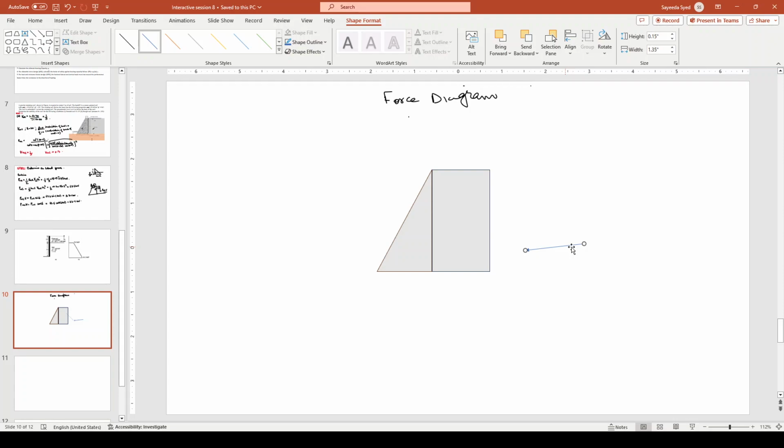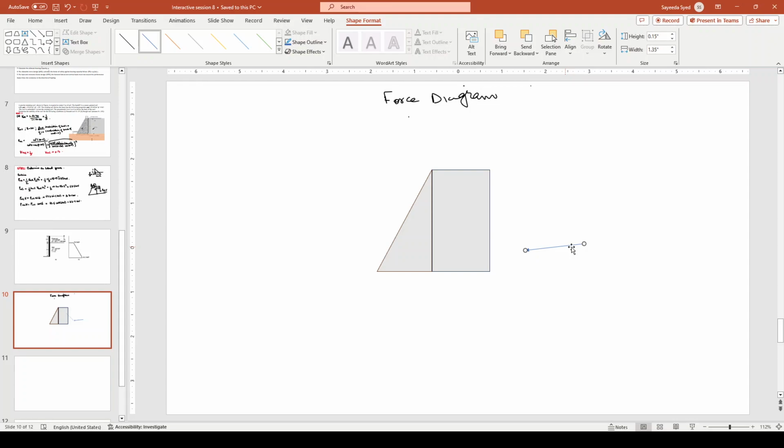Now this is for Rankine and this is for Coulomb. Let's calculate the weight here. This will be W1. And let's calculate this individually. This will be W2. And from the diagram, we know that this is equivalent to 0.6 meter. The height is 5 meters. And this is 3.6 meters.